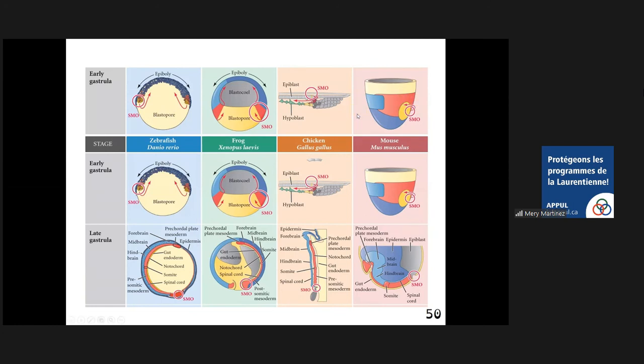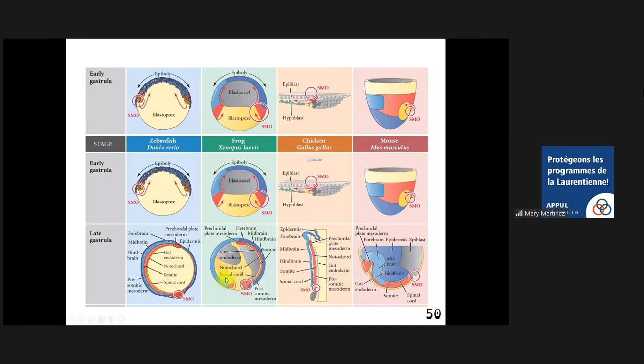As gastrulation continues, where did my mouse go? Okay, here we go. As gastrulation continues and we start having all the different movements, invagination, delamination, epiboly, convergence, extension, and all of those movements that you know by now, we know that the endoderm is going to be placed on the inside.